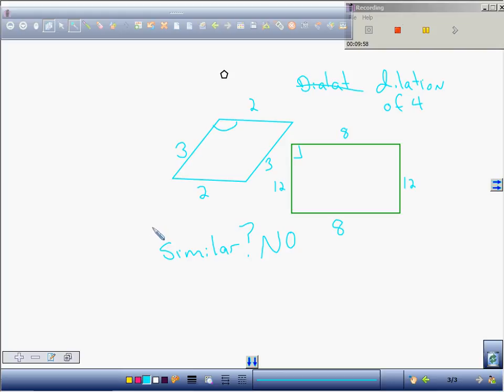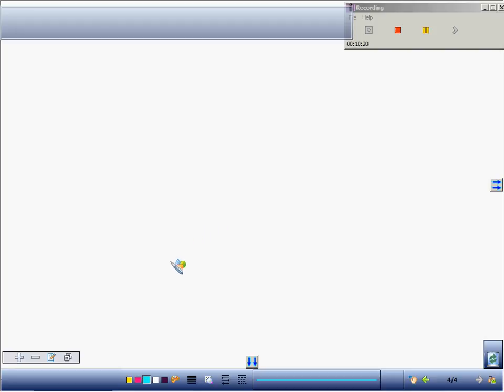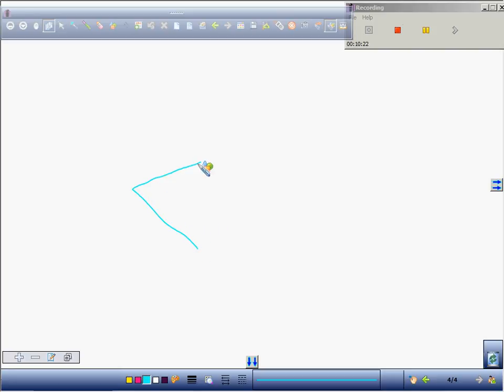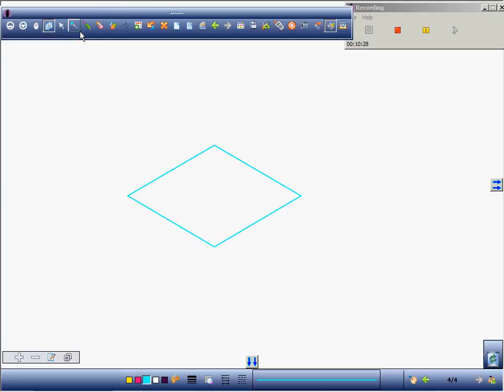No pun intended. So the trickier problem is when you get something that looks like this. I'm just going to use this tool again and draw a shape that kind of looks like a diamond. Okay?